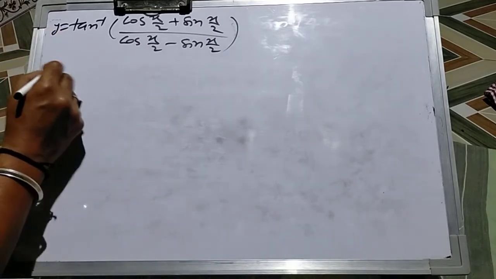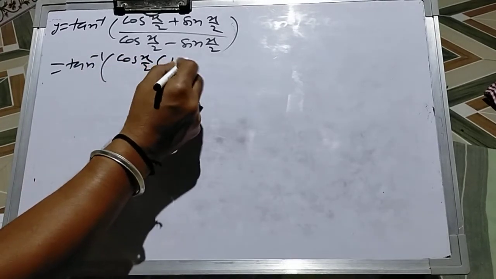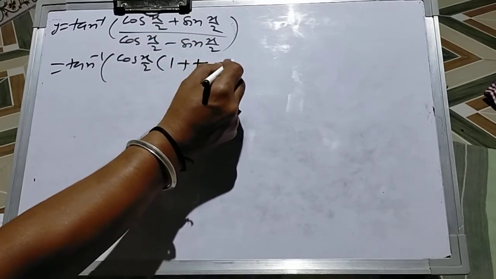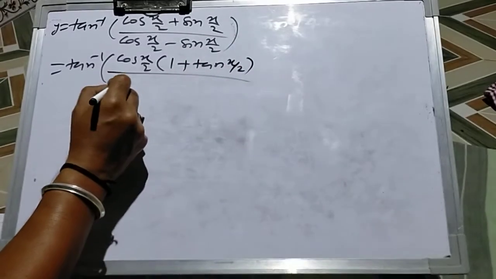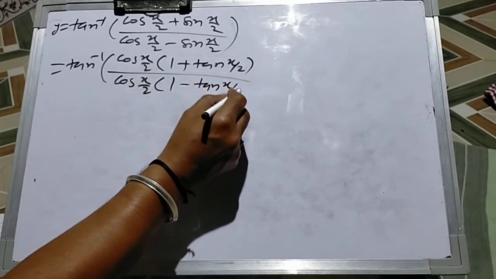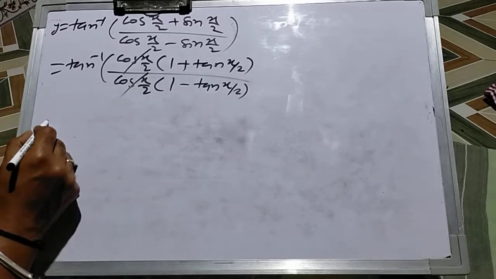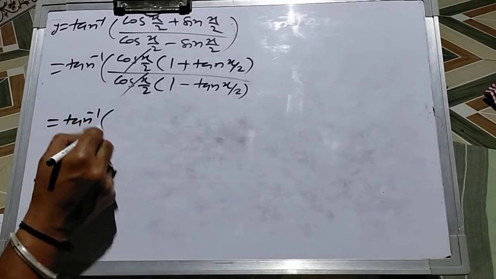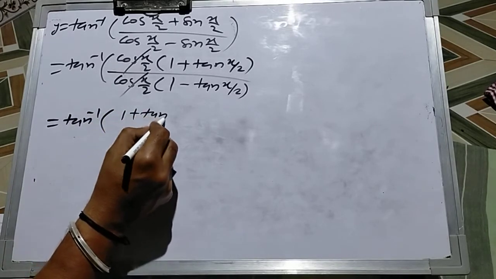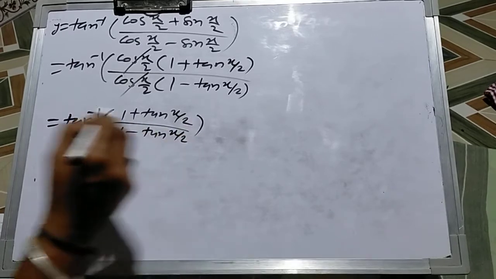So we are taking cos x by 2 common. 1 plus sine upon cos means tan x by 2, divided by cos x by 2 in common, 1 minus tan x by 2. So here cos x by 2 gets cancelled. So this is equals to tan inverse of 1 plus tan x by 2 divided by 1 minus tan x by 2.